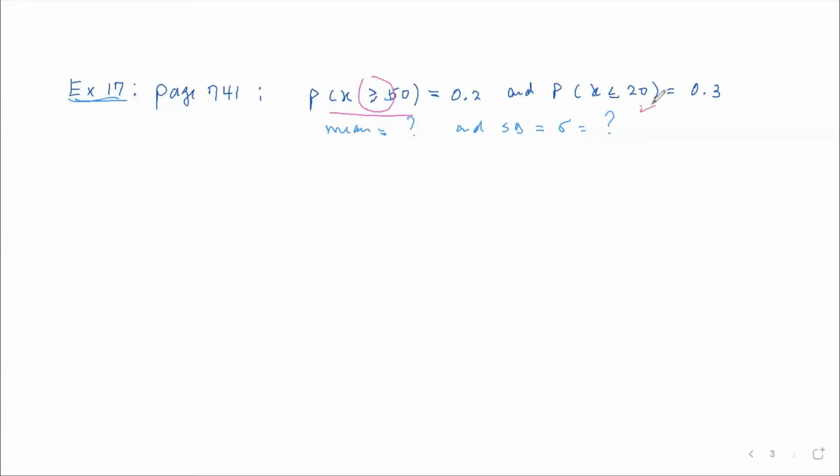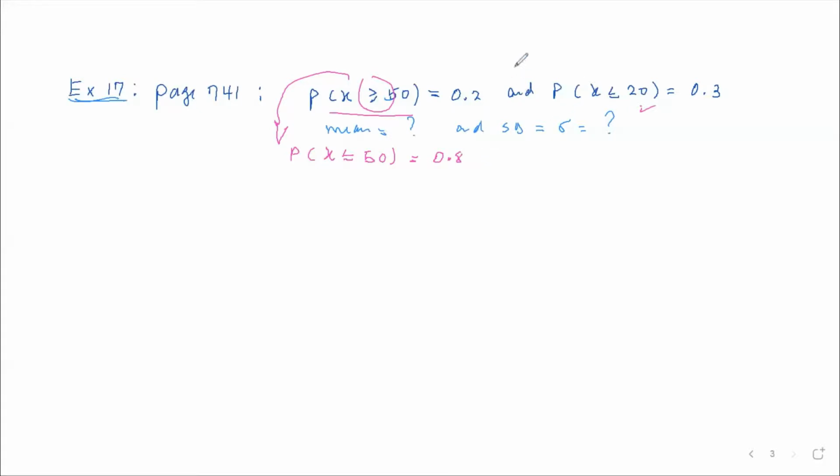So in this case, this one implies P(X less than 50). Then 0.2 is the greater than, so the less than is going to be 80%, which is a probability of 0.8.